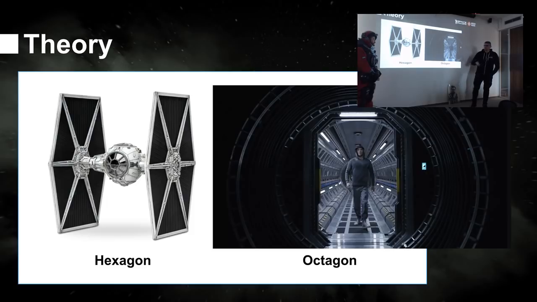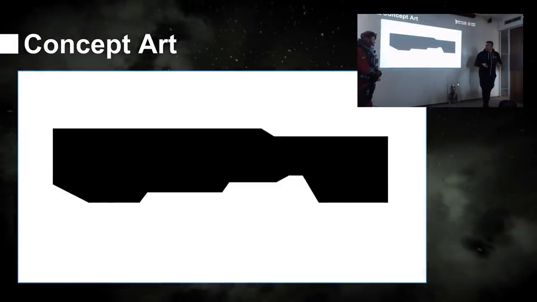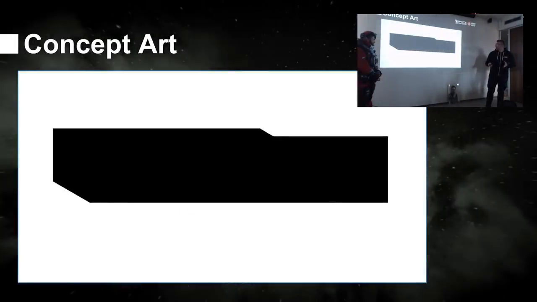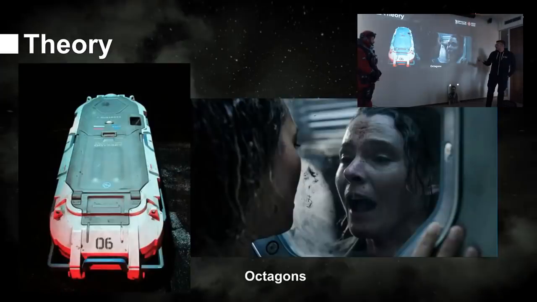from the Alien Covenant movie. Again, octagons. They're everywhere. You see? These shapes are octagons, which immediately tell you that this thing is happening somewhere in space or in the future, because these shapes are highly futuristic. Again, octagons.